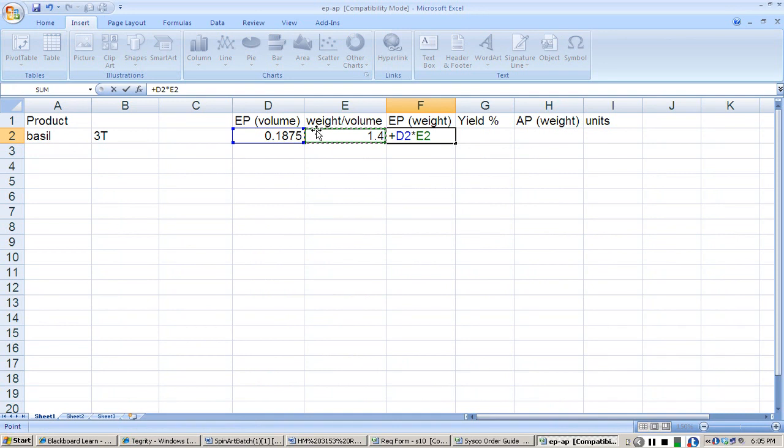So then I just multiply those two together. I have 3/16, 0.1875 cups. The basil weighs 1.4 ounces per cup. So I multiply those together, and it tells me that I need 0.2625 ounces. The yield is 56%.